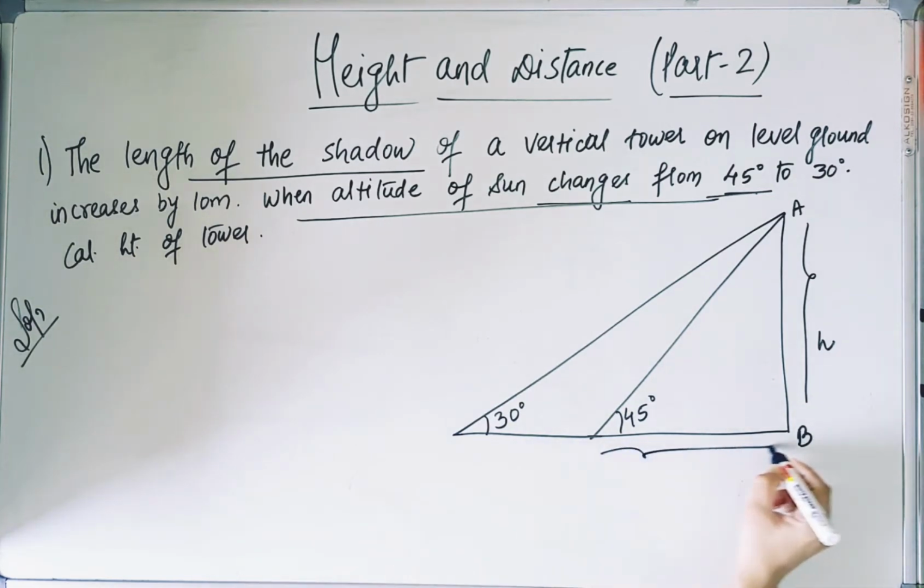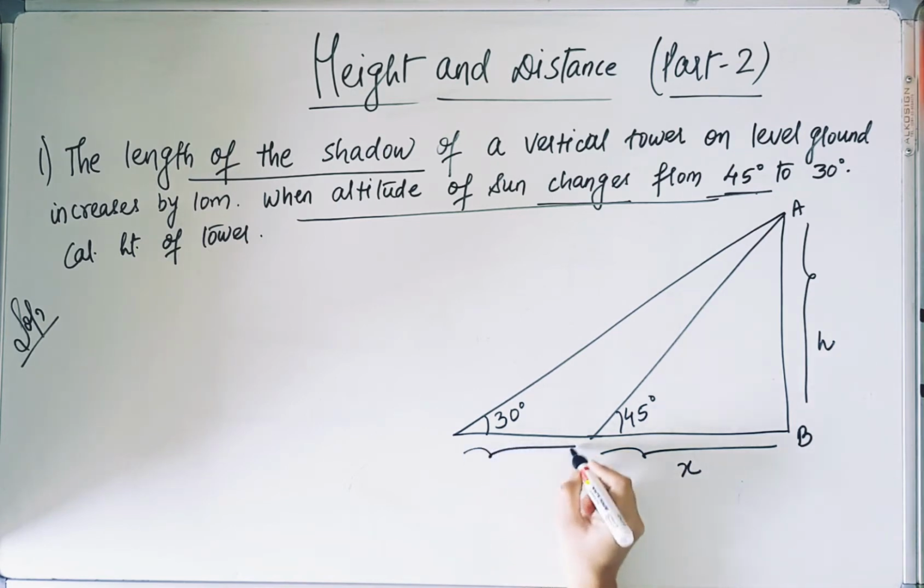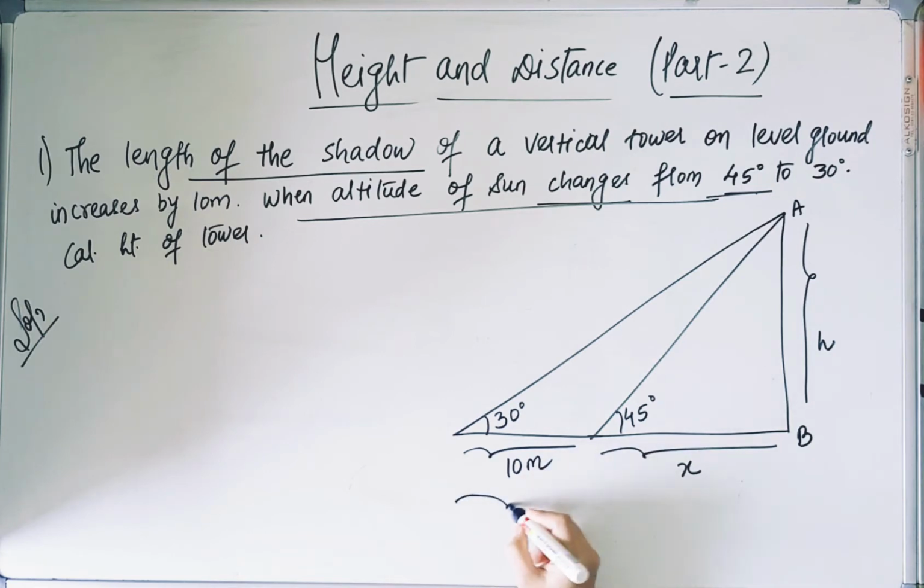Let's suppose this is length of the vertical tower, this is length of the shadow which is x, but now it increased by 10 meter. That means this is 10 meter. So this total will be x plus 10. Now we have to find h.